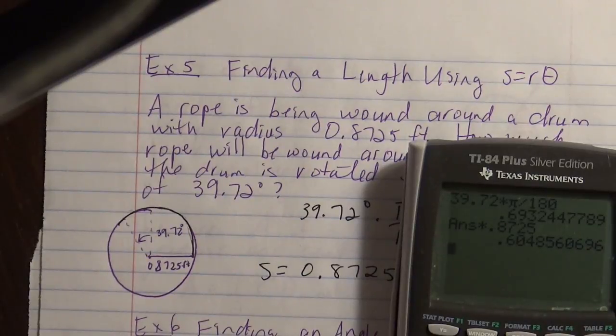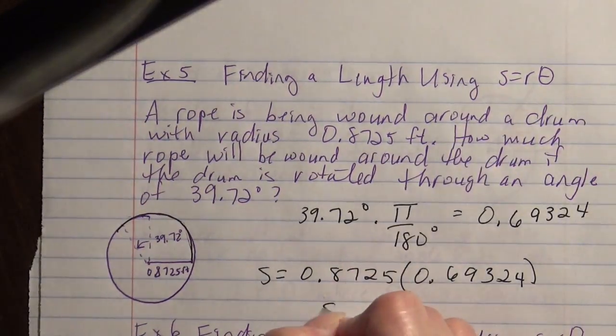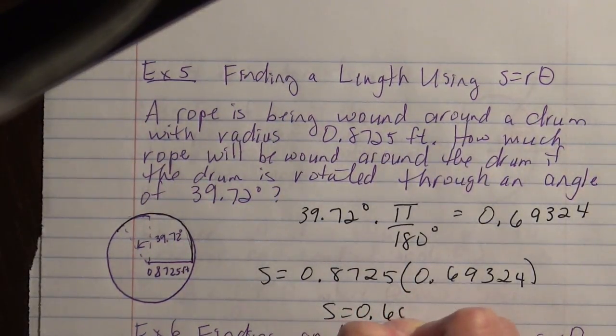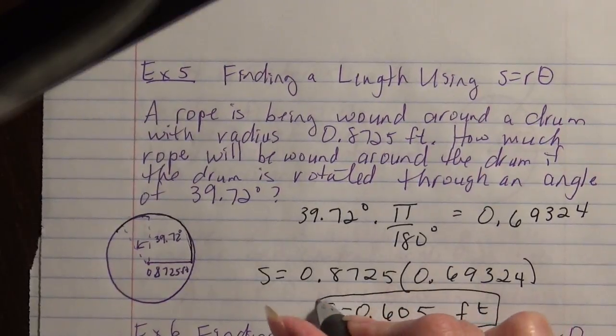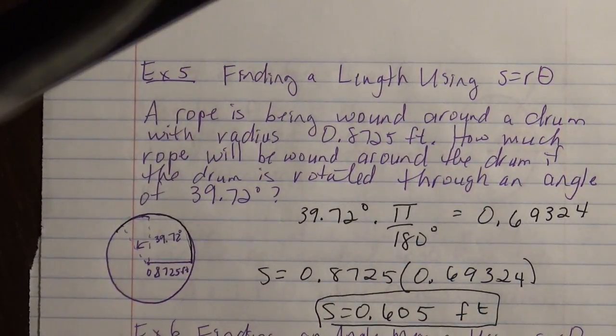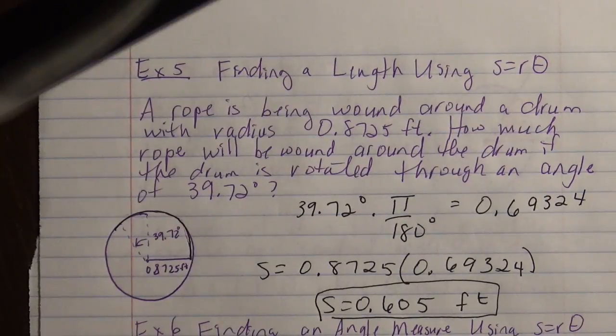That's giving me 0.605 if I round it. And this unit would be in feet. Okay, so that's example 5.